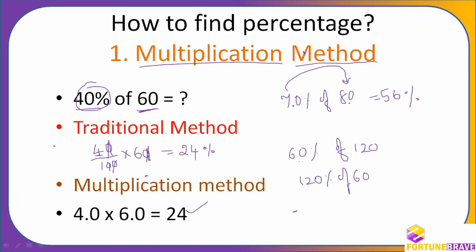It doesn't matter at all. You just put a dot here, one decimal. From here 6 12s are 72. So 60% of 120 is 72, as well as 120% of 60 is also 72. Can you see here? Again, I am going to put this dot here, and then you will get 12 into 6 is equal to 72.